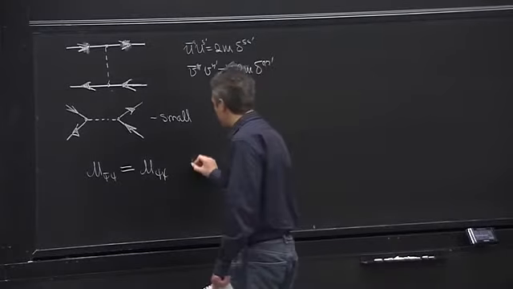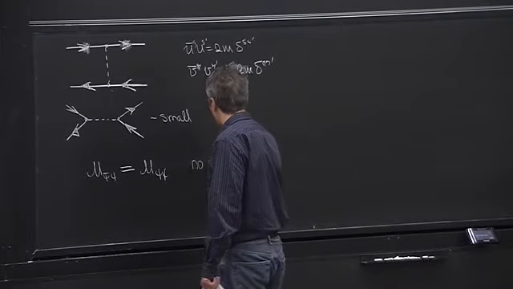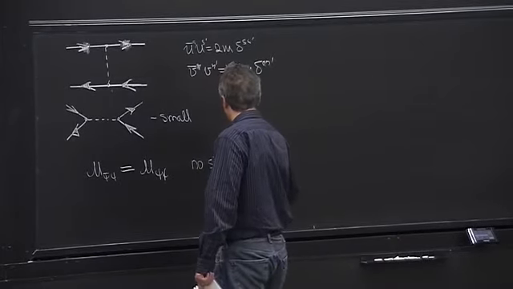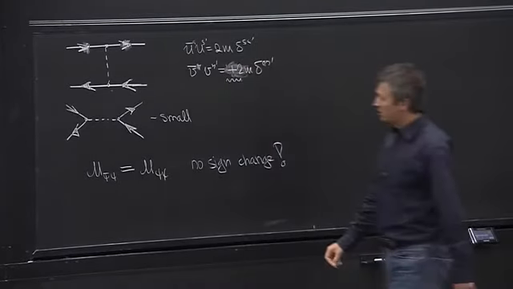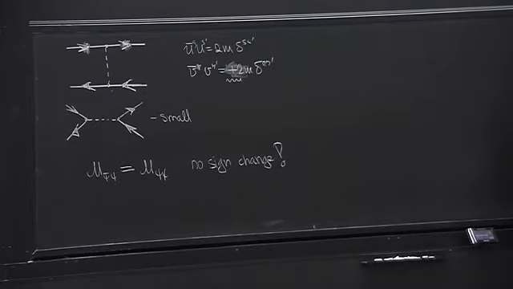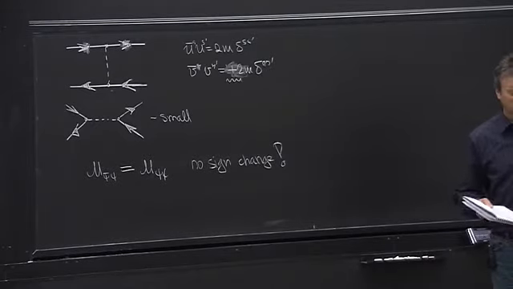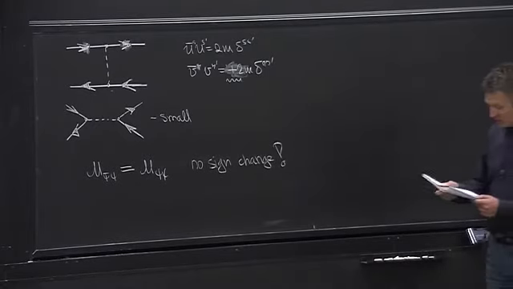So there's no sign change. So the potential of interaction due to exchange of scalars is the same for like charges and opposite charges. And so let's compute what it is.